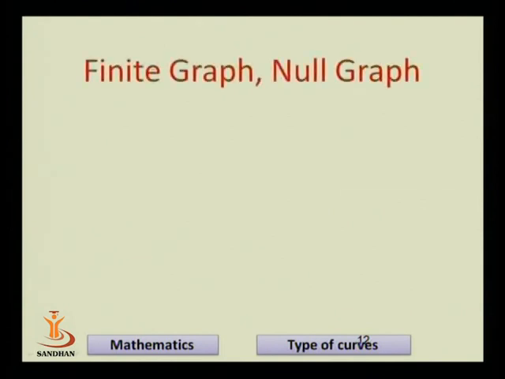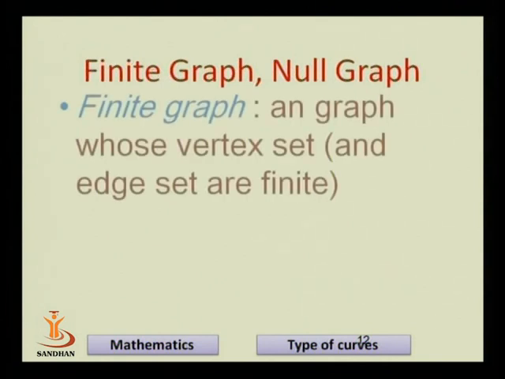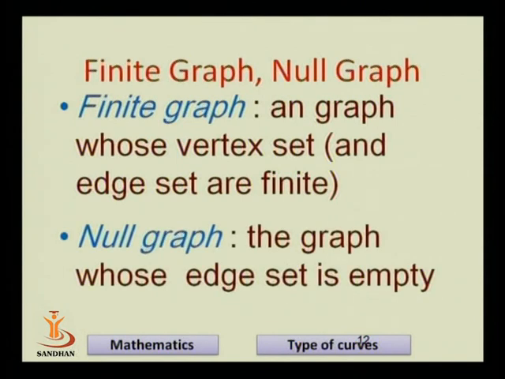Now we also define finite graph and null graph. A finite graph is a graph whose vertex set and edge set are finite. A null graph is a graph whose edge set is empty.